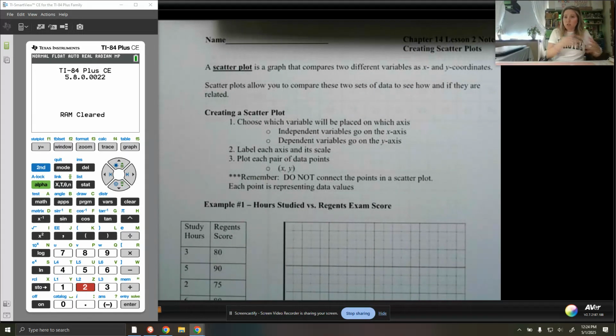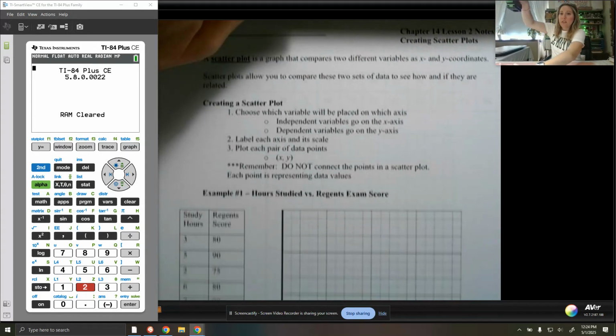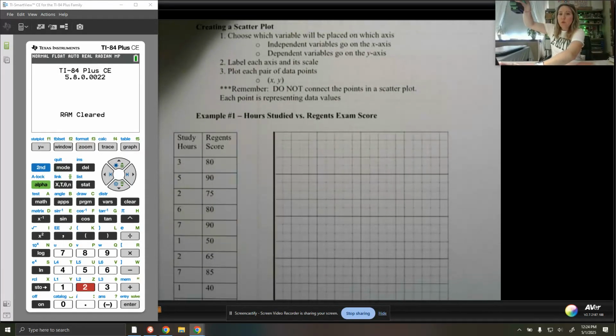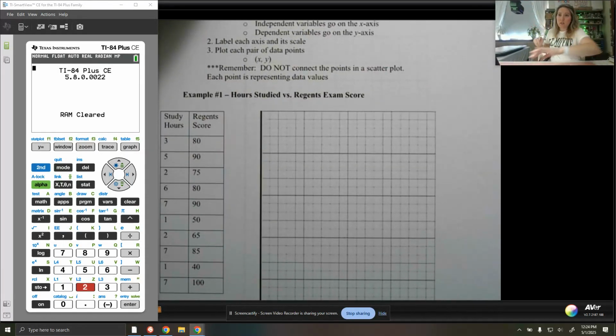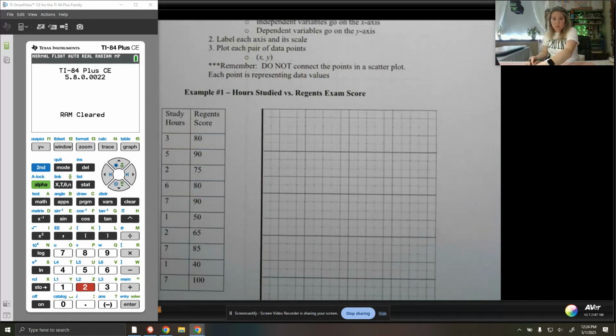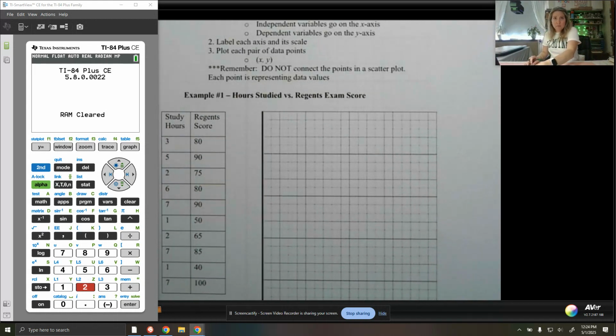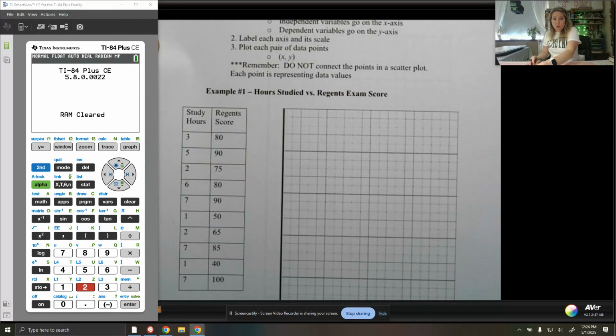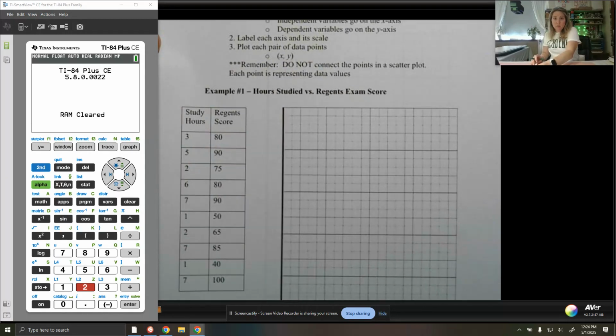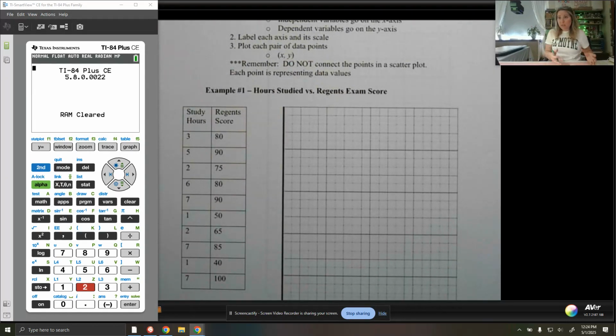How much did you study should have affected your score on the test. Okay, so that's what we think is going on in this case. Now, what we are going to do is plot these points, and I am going to then show you how to make a scatter plot on your graphing calculator to also help us get a little forward in analyzing the data.